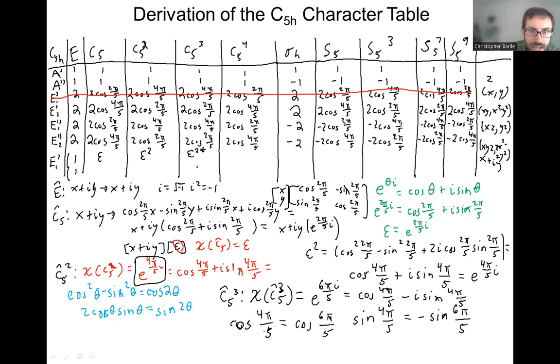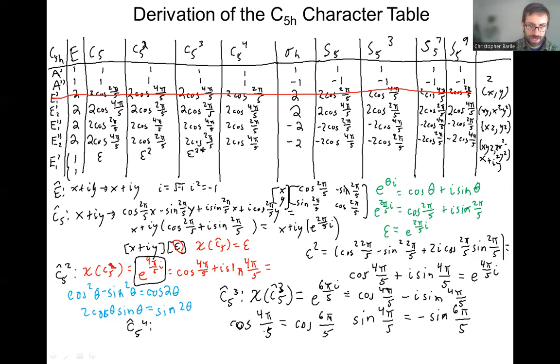All right, and so our last one that's difficult like this is C5 4 times. And so that's going to get us e to the 8 pi over 5i. We're going to get cosine 8 pi over 5 plus i sine 8 pi over 5.